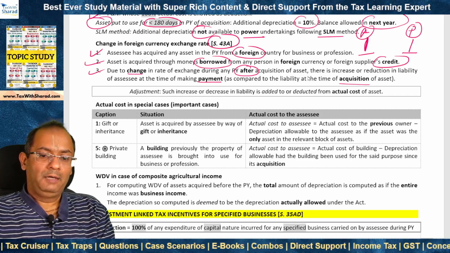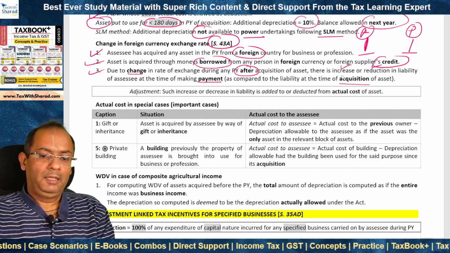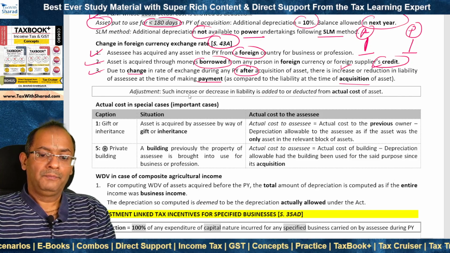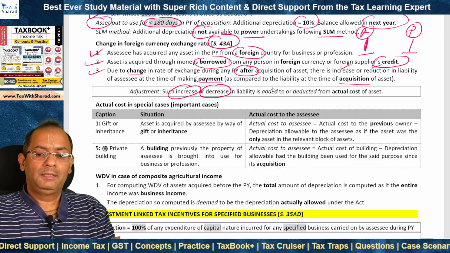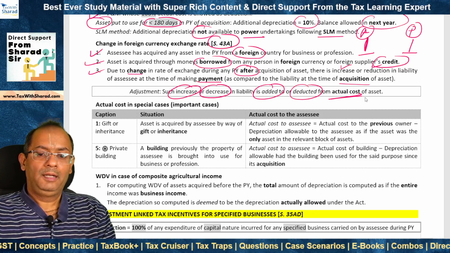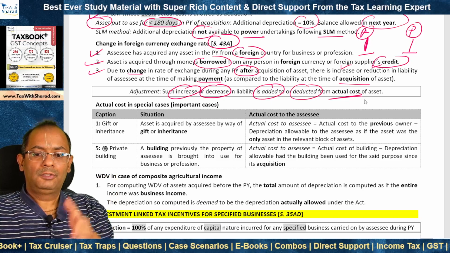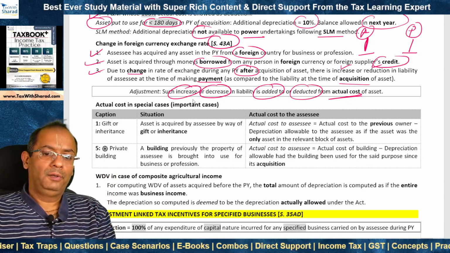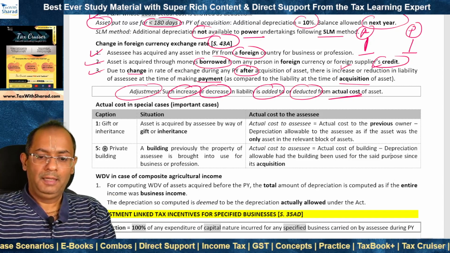So there will be a variation, and therefore there will be a consequent increase or reduction in the liability at the time of making payment. Such increase or decrease in liability is adjusted. That means it is added to or deducted from the actual cost of the asset, and consequently depreciation is then provided on the revised actual cost to align it to this particular change in the foreign currency exchange rate. So this is the adjustment under section 43A.